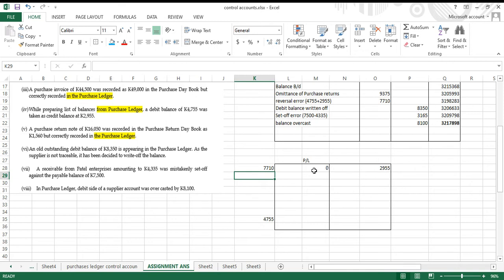So if we debit our purchases ledger with 7,710, let's find the difference.